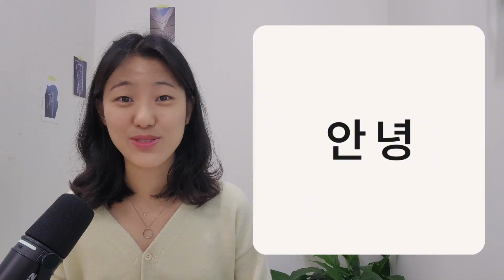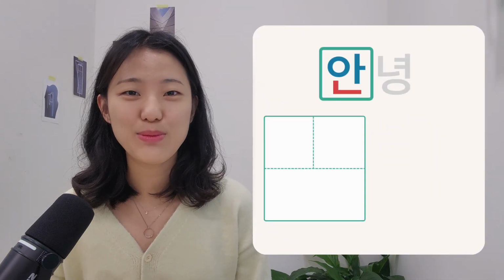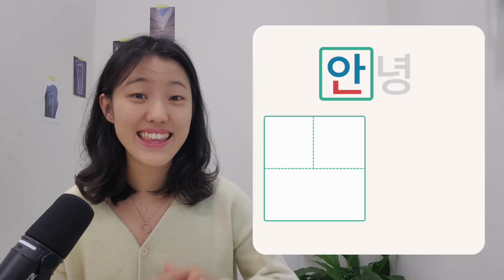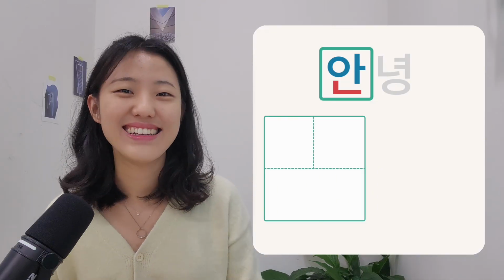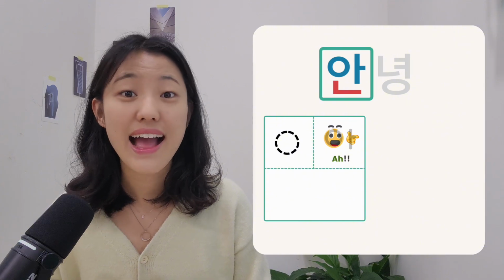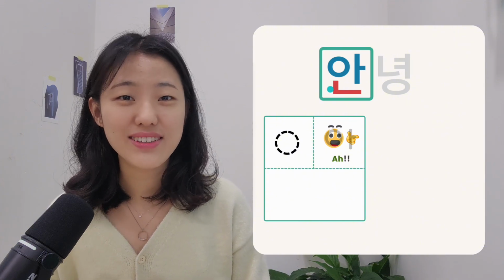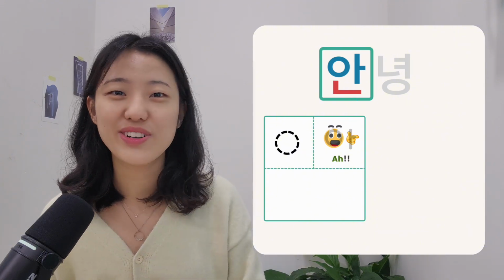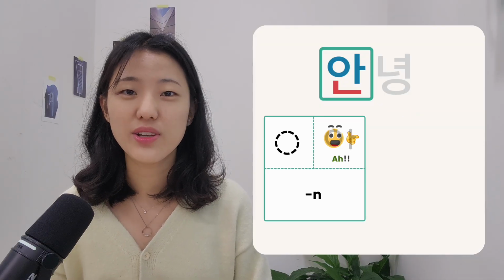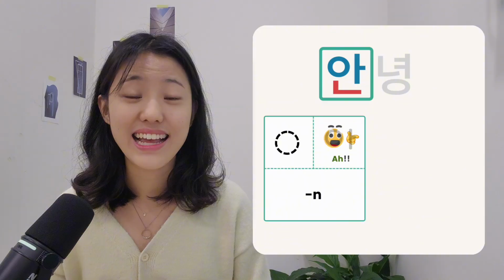Let's try to read this one together. From the first syllable block, you see circle, empty, no sound, and from ah. So the top part we read as ah. What about this nose? Nose for N, right? We add the N sound at the end, so it goes like an.